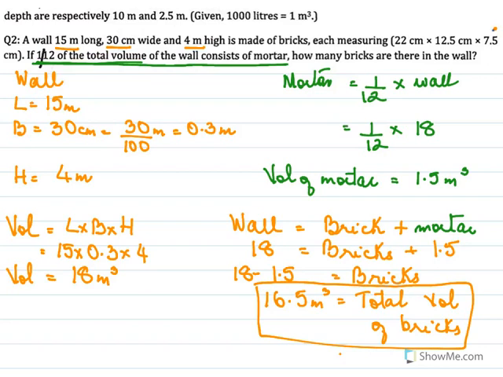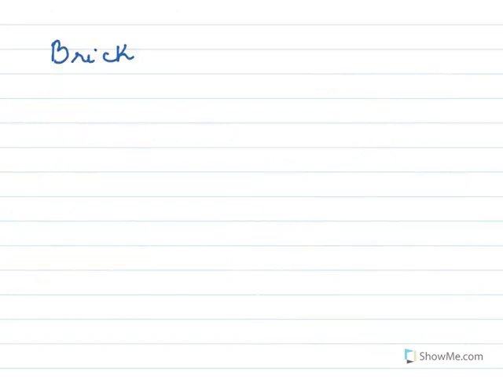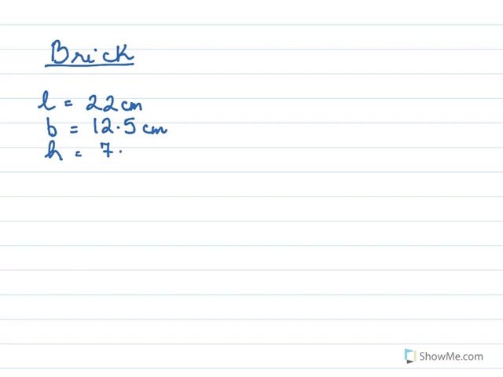Now remember, the dimensions of the bricks are 22 centimeter, 12.5 and 7.5 centimeter. So for bricks, dimensions: length 22 centimeter, breadth is given as 12.5 centimeter, and the height 7.5 centimeter. I need to convert into meter, so 22 over 100, which is 0.22 meter.